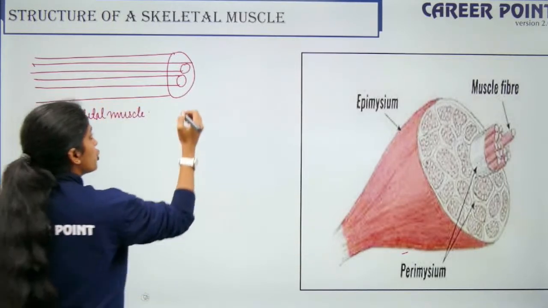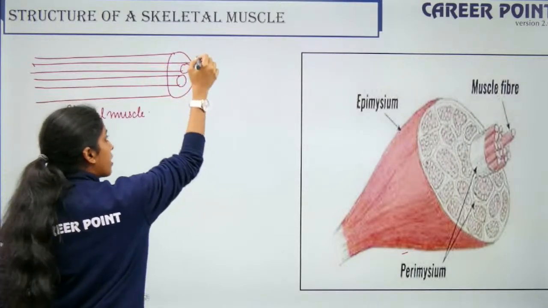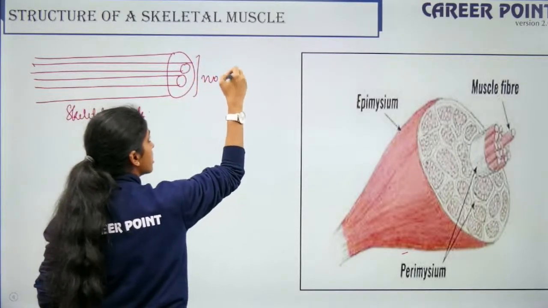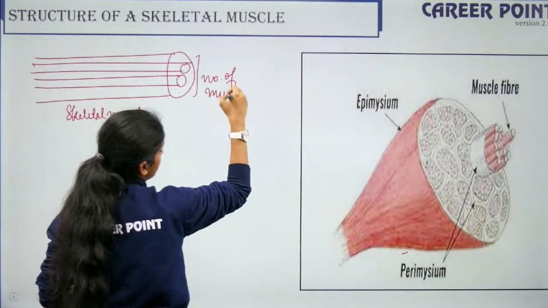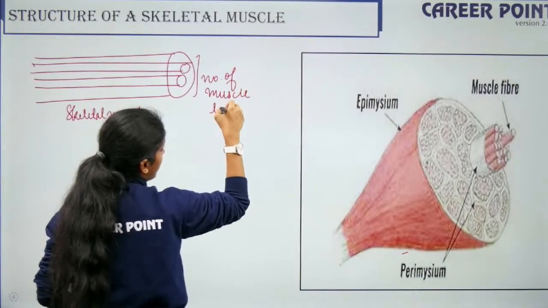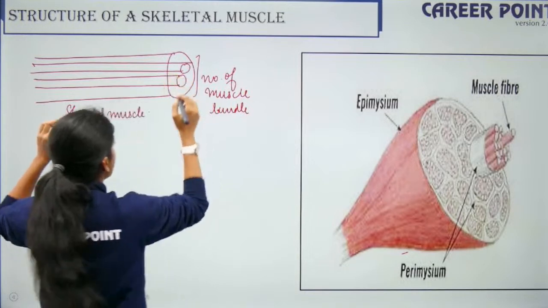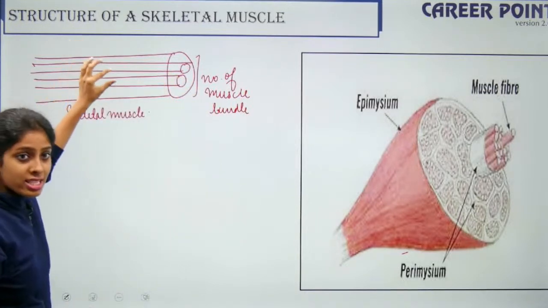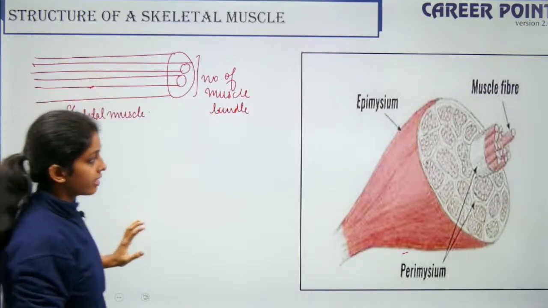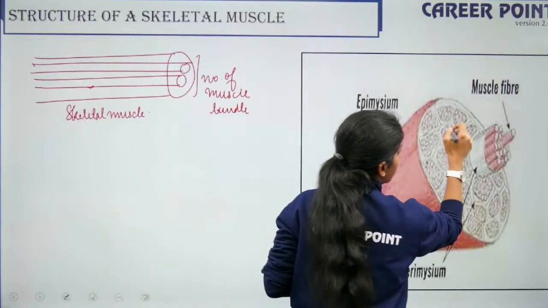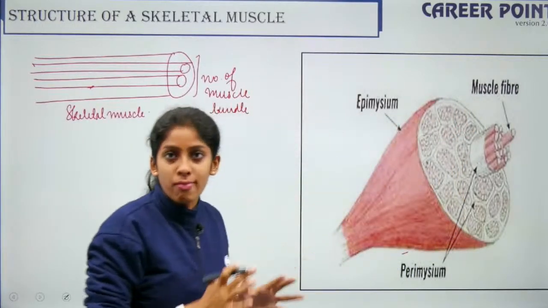Fine. The skeletal muscle is made up of a number of muscle bundles. Can you see inside the skeletal muscle, you have bundles like this. You have many bundles like this. Each one is a bundle. This is called a muscle bundle.